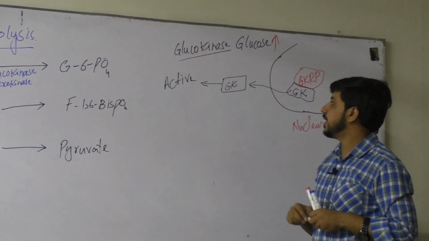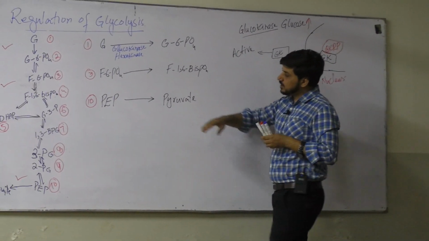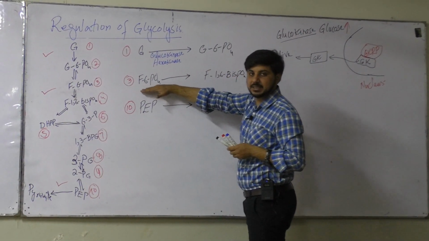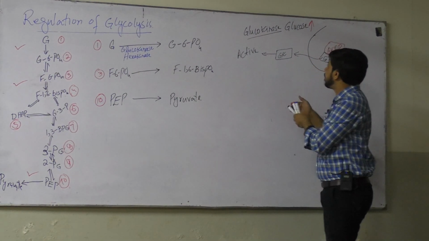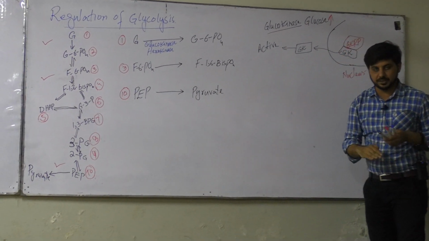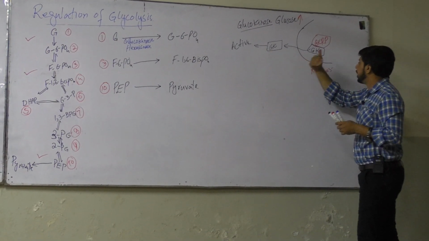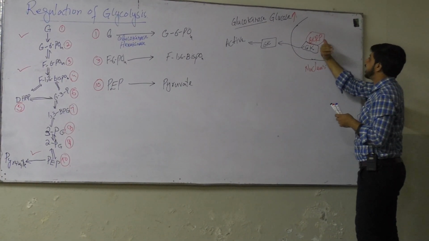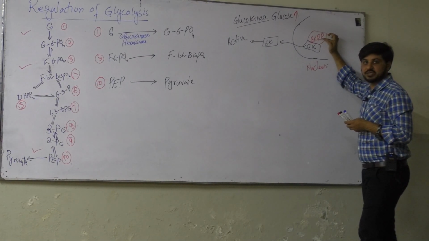into glucose 6-phosphate. And whenever the levels of fructose 6-phosphate increase or the glucose level in the blood is lower, at that time this glucokinase will go back to the nucleus and bind with the glucokinase regulatory protein.